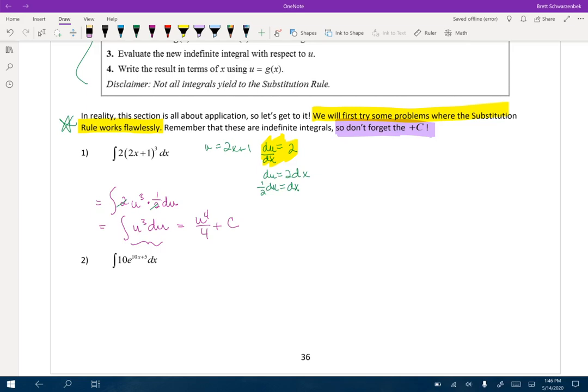But what's really neat, don't we already know what u is? Put it back. (2x plus 1) to the 4th over 4 plus c, and that is the answer to our problem, or in other words, the antiderivative of this function.